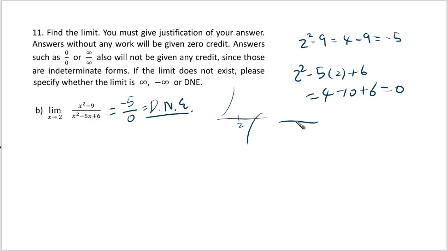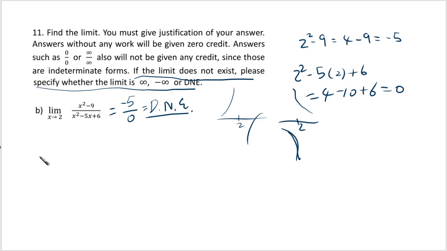Or another case would be as you approach from the left, it could go down to negative infinity, and this way it's going to go up to positive infinity. If any of these happen, then you cannot say the limit is infinity or negative infinity. You have no choice but to say DNE. DNE will be the only answer you can write. And this last condition here is basically asking you to check whether that's true.